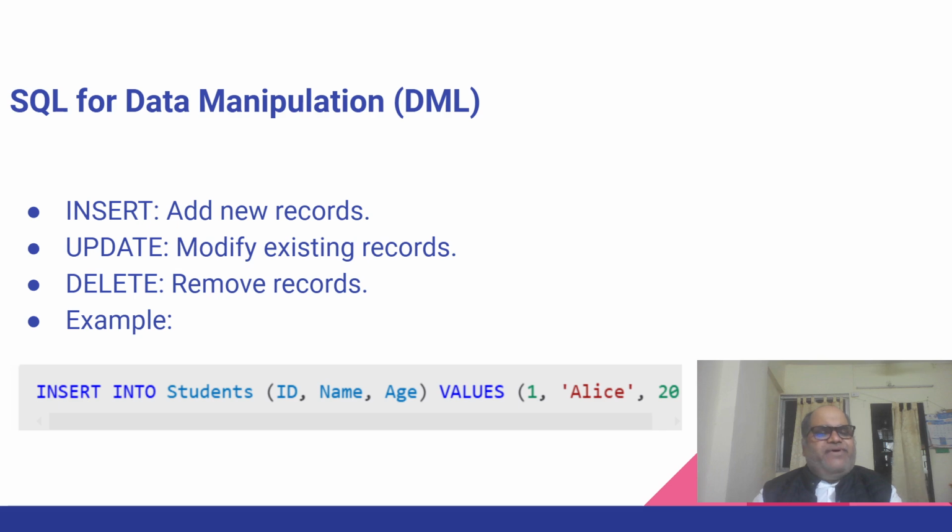This example that we are showing here adds a student record. So you might remember we created a student table with ID as primary key, name as varchar of up to 50 characters, and age as integer. So we have given it values, and the command that we are using is insert into student. We have specified the order ID, name, age, right? And the values are ID as 1, name as Alice, and age as 20.